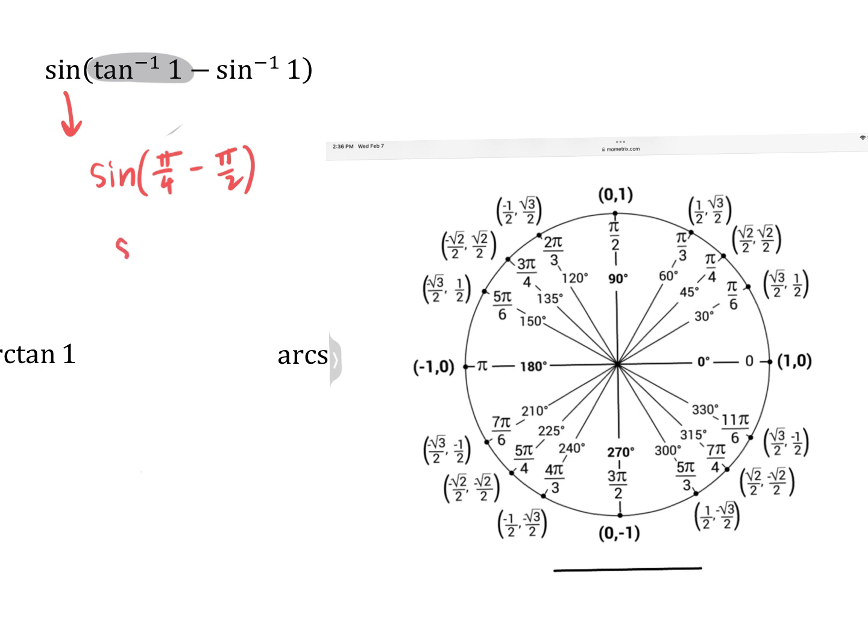Negative 1/4. So we got the sine at negative pi over 4. I just simplified what was in my parentheses. The sine, the y coordinate, at negative pi over 4. The y coordinate would be negative root 2 over 2.